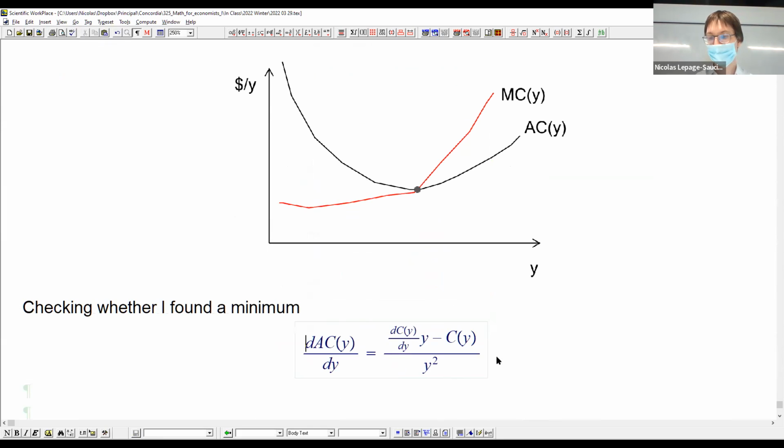So let's look at the second derivative. Then again I get a mess. So how many terms do I have now? Many. 1, 2, 3. What do we do with this?